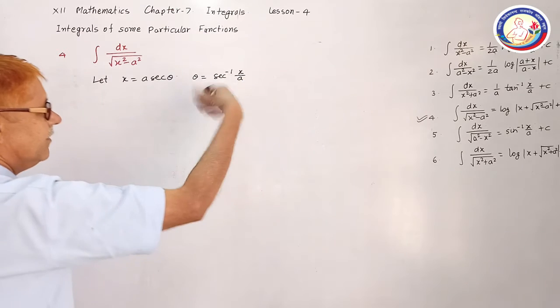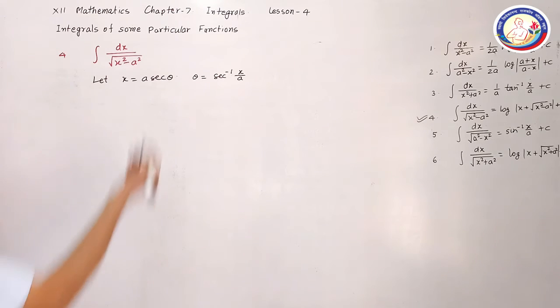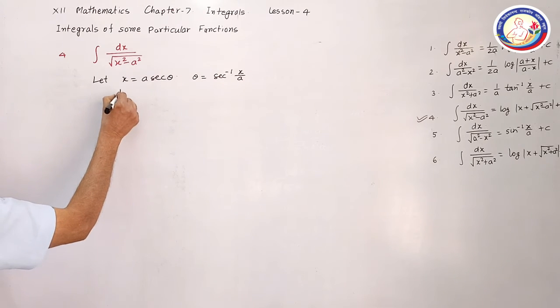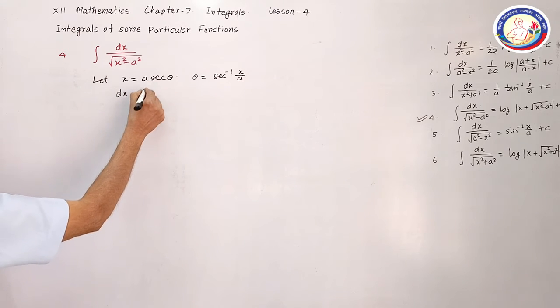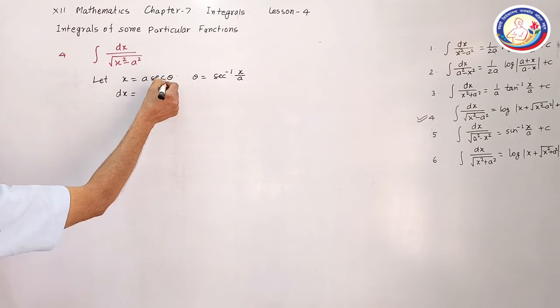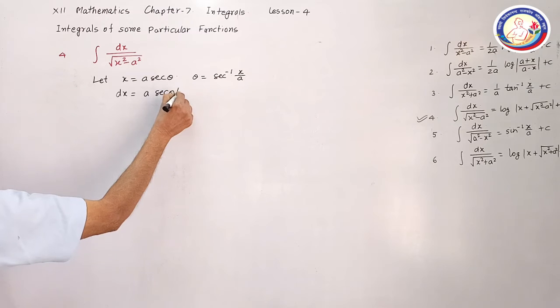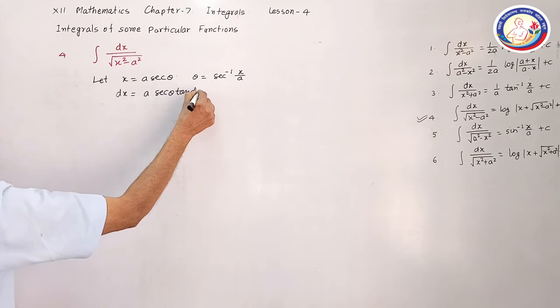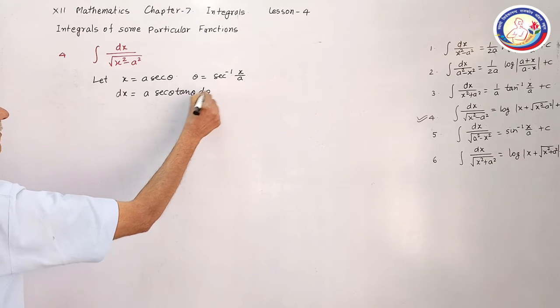We may use it if required, and if not required, then we will erase it. X equal to a sec theta. Differentiate it. Dx equal to the differentiation of sec theta, which is sec theta tan theta d theta.